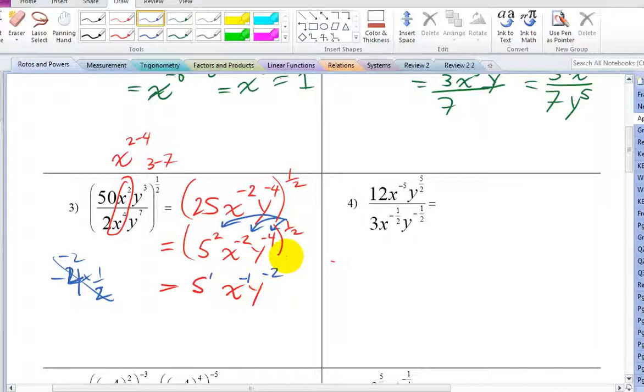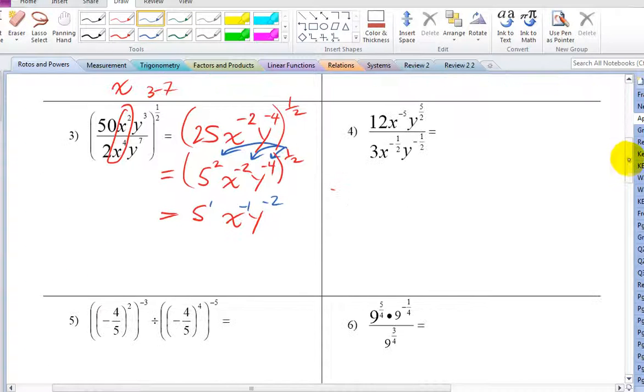So negative 2 is the answer. Fix your answer. One more step, no negative exponents. Five over xy squared. Final answer.